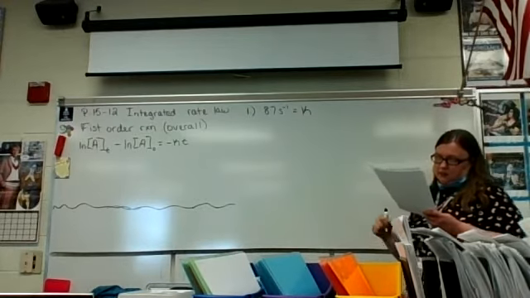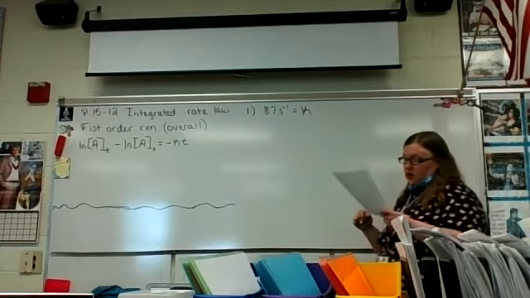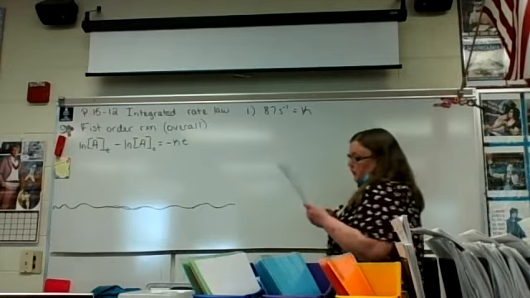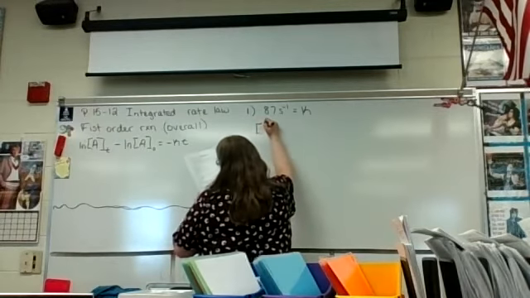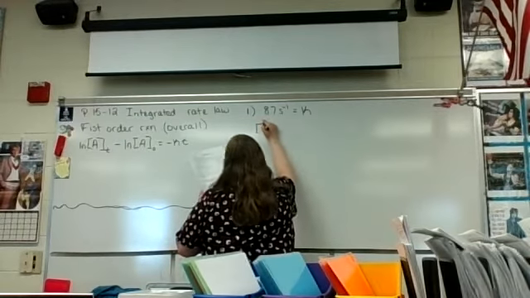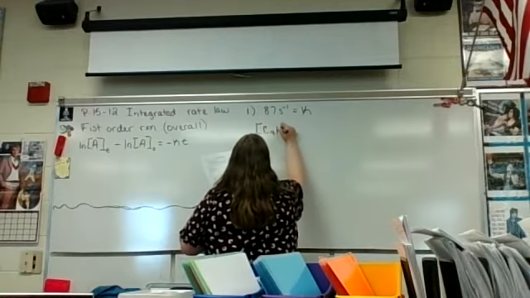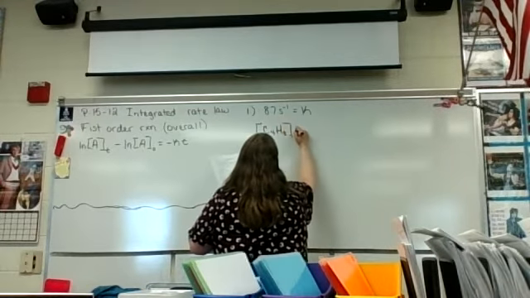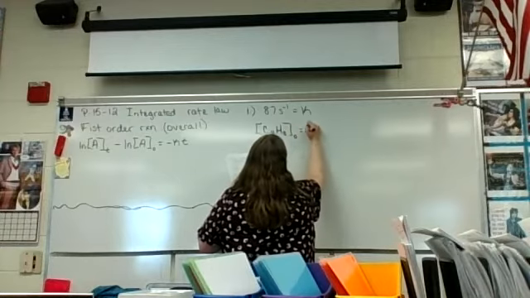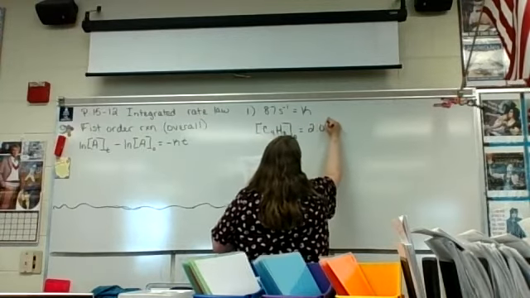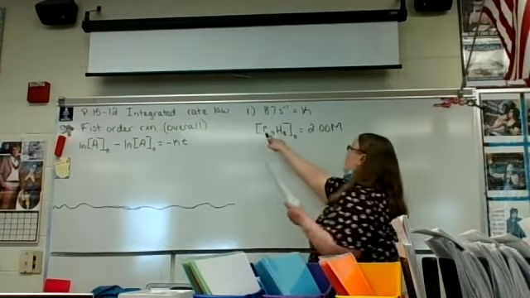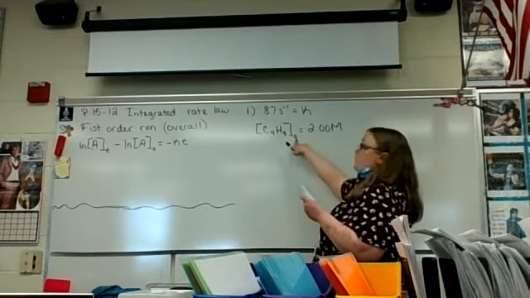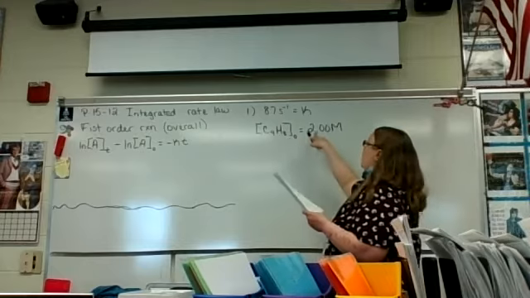Example 1, part A. If the initial concentration of cyclobutane is 2 molar, so the concentration initial is 2 molar.